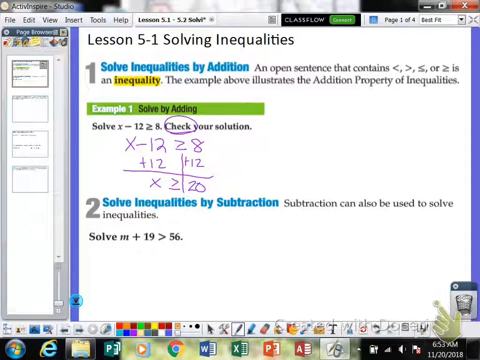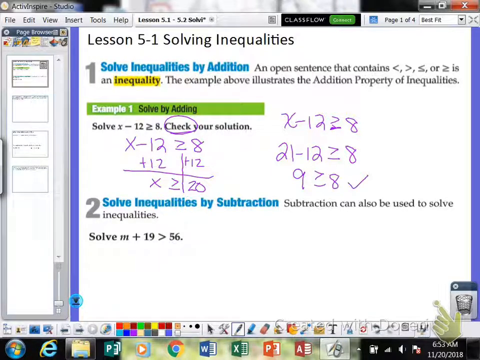Then I write my original problem down. It's greater than or equal to 8. And I said I wanted to use 21. So 21 minus 12 should be greater than or equal to 8. And 21 minus 12 is 9. And 9, in fact, is greater than or equal to 8. So because 9 is greater than 8, this statement of x is greater than or equal to 20 is my correct solution.